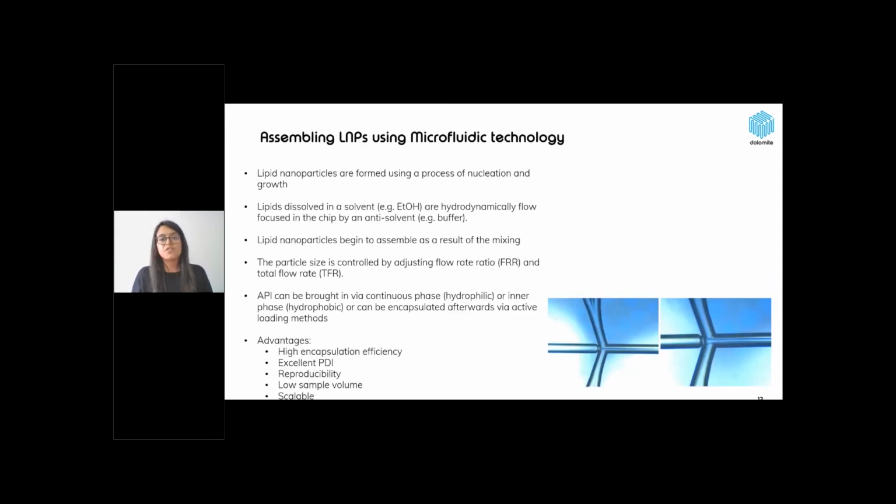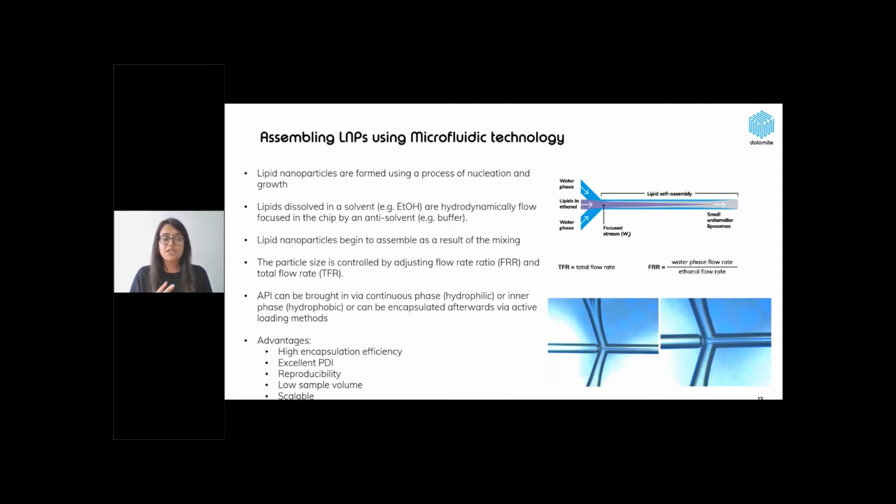So with microfluidic technology, some of you may be aware of what microfluidic technology is, but I'd like to explain a little bit on what that is. Lipid nanoparticles can be produced using this technology by running 2 fluids in a microfluidic chip. So these lipid nanoparticles are formed using a process called nucleation and growth.